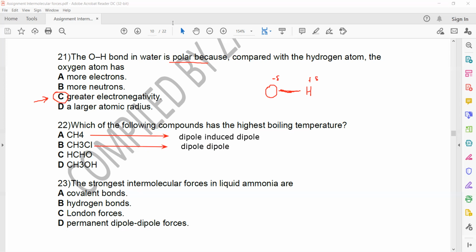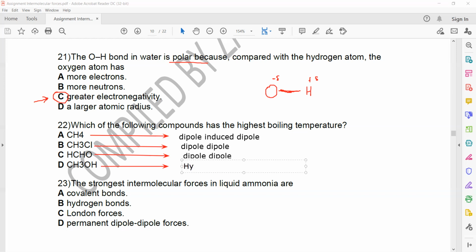Aldehyde, HCHO. The bond between carbon and oxygen will be polar, and whenever the bond is polar, that will have dipole force. When we compare CH3OH, there is oxygen bonded with hydrogen. When hydrogen is bonded with oxygen, nitrogen or fluorine, and they have the lone pair, then it can form a hydrogen bond.